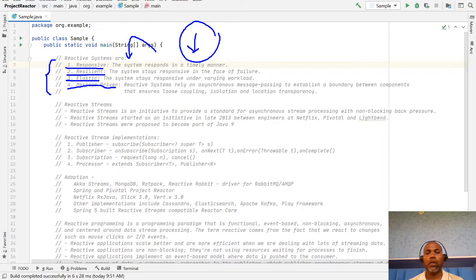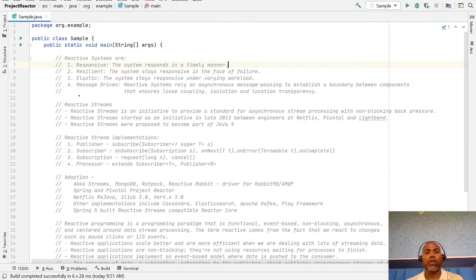So here we are discussing how to implement such reactive systems. They came up with a specification known as the reactive stream specification. What is the reactive stream specification? A specification is just a standard way.